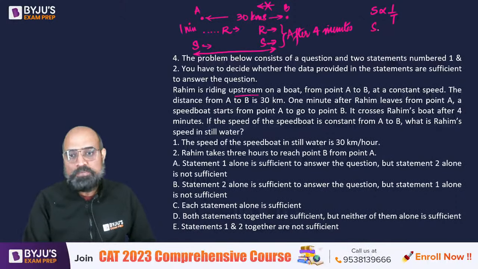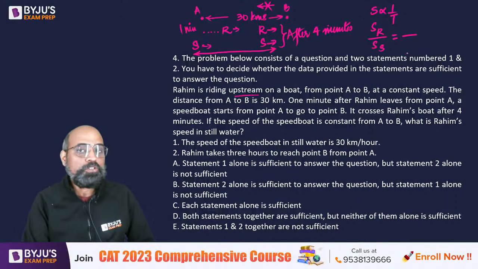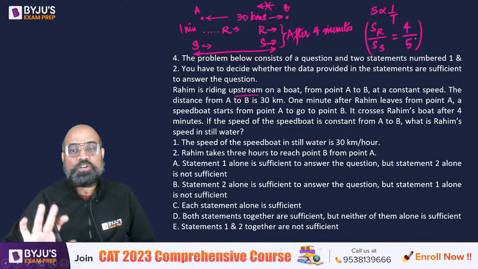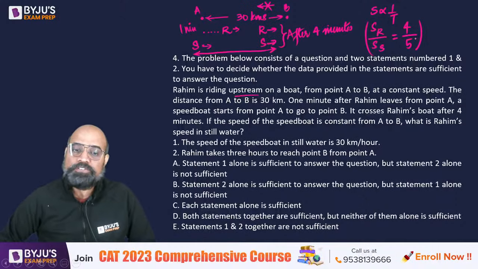So the speeds of Rahim and the speedboat are inversely proportional to their times taken. The speedboat took 4 minutes. And how much time did Rahim take? Rahim took 5 minutes. From the question, we know that the ratio of their speeds is 4:5.